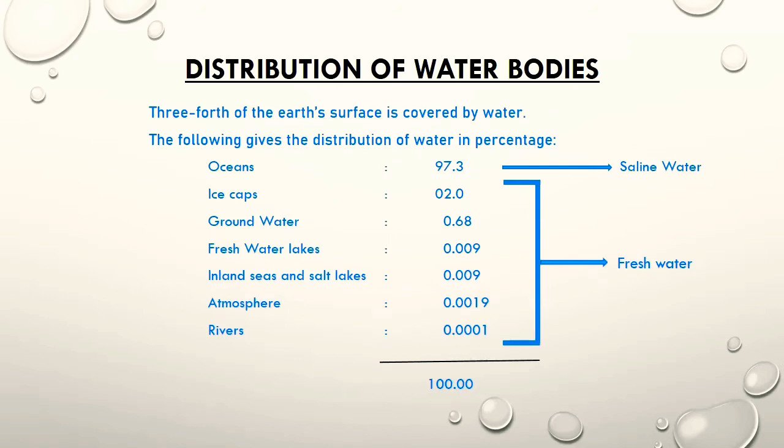Next, freshwater lakes 0.009%. Next, inland seas and salt lakes 0.009%. Next, atmosphere 0.0019%. And the last one, rivers, 0.0001%. From the ice cap up to rivers, these water bodies are fresh water.